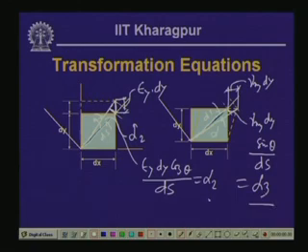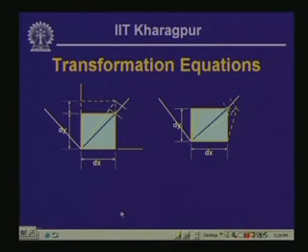So, now that we have three angles alpha 1, alpha 2, alpha 3, please note that angle alpha 1 is in the clockwise direction, angle alpha 2 is in anti-clockwise direction, and angle alpha 3 is in a clockwise direction.